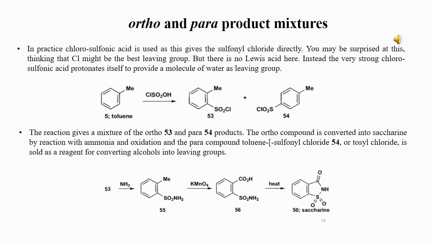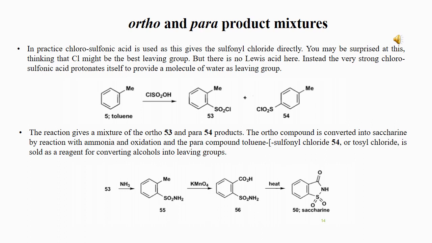The water will be removed first, and afterwards the full reaction is the replacement of hydrogen by the chlorosulfonyl group. Now the reaction gives a mixture of ortho 53 and para 54. The ortho compound is converted into saccharine by the reaction with ammonia.